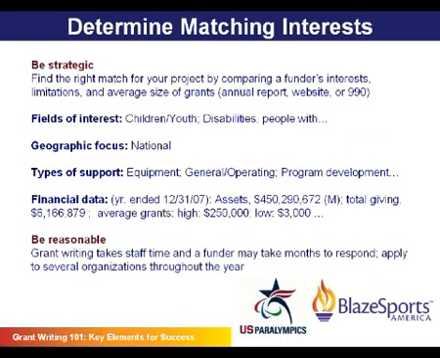I'm in Colorado, but they will still give to states across the country rather than just a specific region. They offer all kinds of support. If my request is for equipment, if I'm asking for general operating support, program development, they're willing to take a closer look at those proposals. Additionally, they have considerable assets and they do a wide variety of grants. So this is the type of match you're looking for.